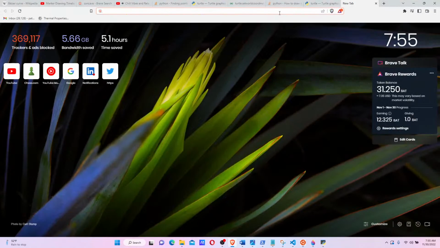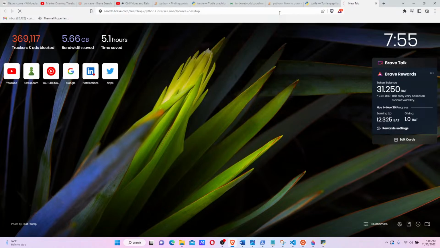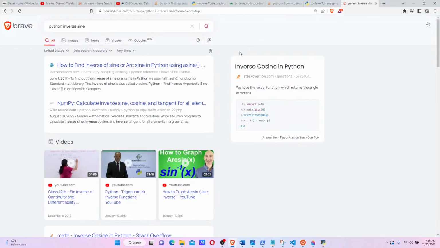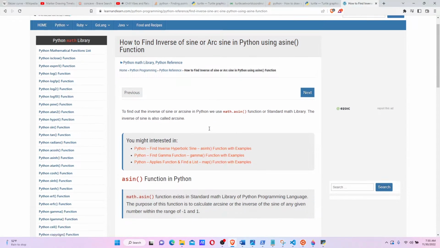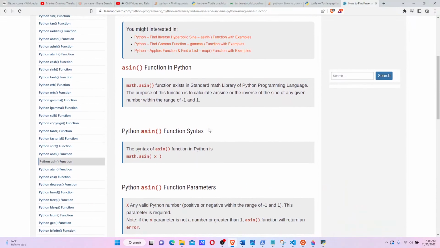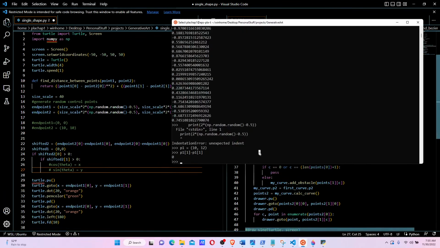So that should be pretty easy. Python inverse sine. Inverse of sine. Okay.